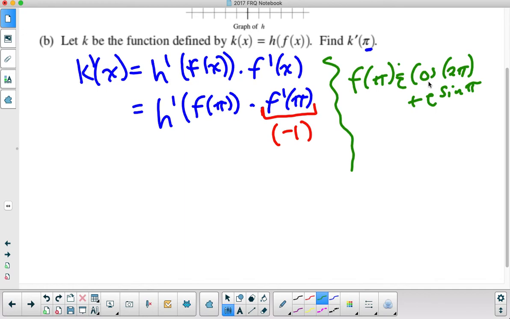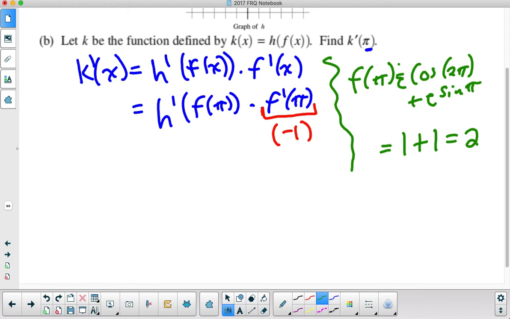Okay, so cosine of 2 pi gives you 1, and then, well, let me redo this because I think I have the wrong thing written down. Cosine of 2 pi gives you 1 plus, because I think I just had a 0 here for that one, sine of pi is 0, and then e to the 0 is 1, so that should be a 2.